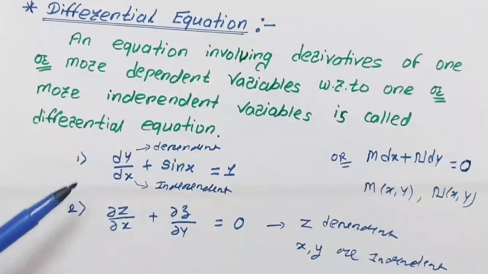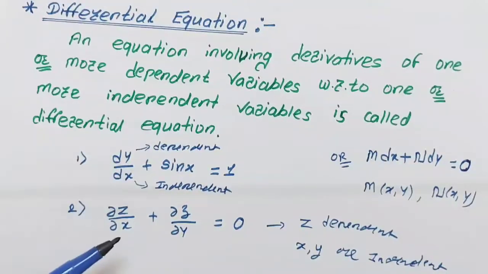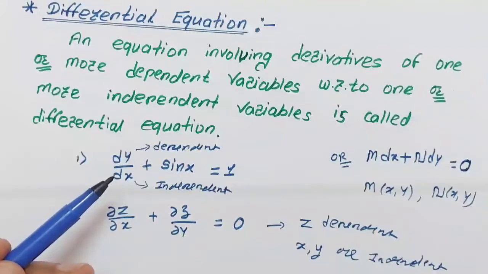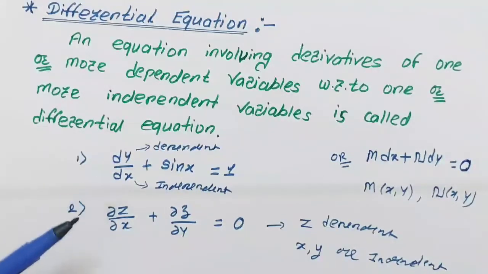Now from these two examples, here we are taking dy by dx and here del z by del x. That means one is a total derivative and the other is a partial derivative. So this is our ordinary differential equation and this is a partial differential equation.